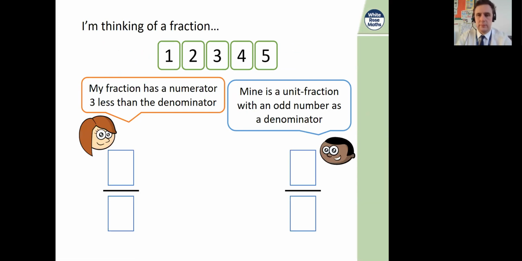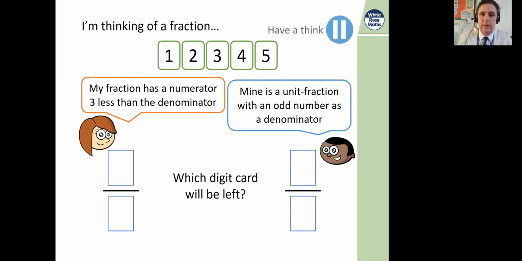Now, this is the last challenge we're going to do, and I really like this challenge, and I want you to have a think about it. Okay? There's 2 people there thinking of fractions, and they're going to use the digit cards 1, 2, 3, 4, and 5. You can only use them once. The girl says that my fraction has a numerator 3 less than the denominator.